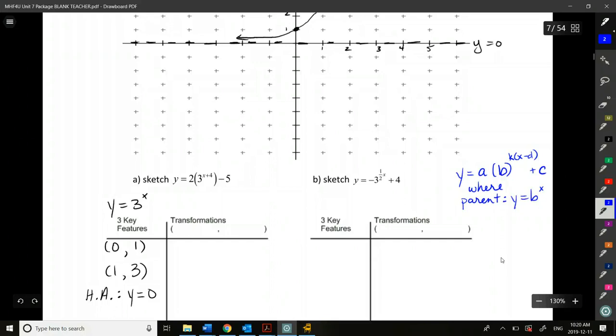So the b is not a transformation. A, k, d, and c are transformations. I'm going to see the a and c transformations on the outsides of the function. And then I'll see the x transformations, the k and d, in the exponent with your x value. So k and d always go in your function where the x is.